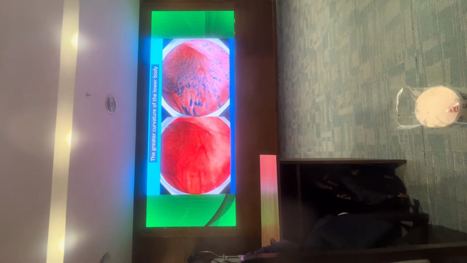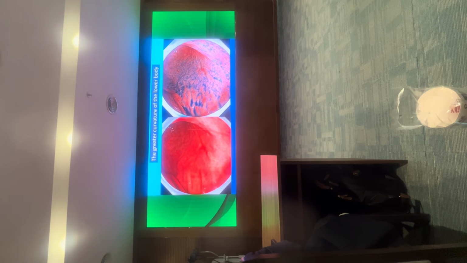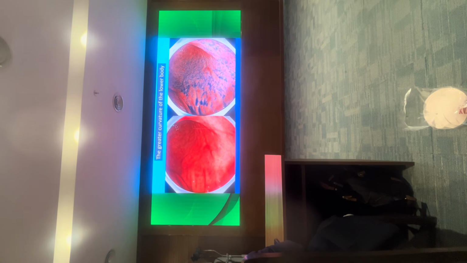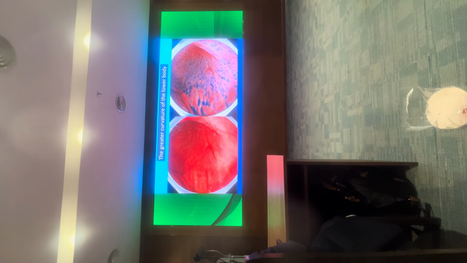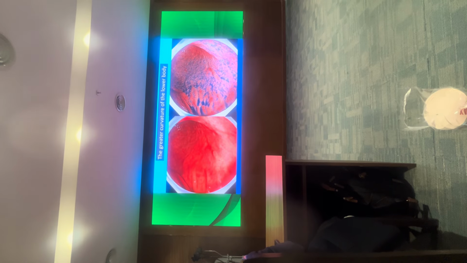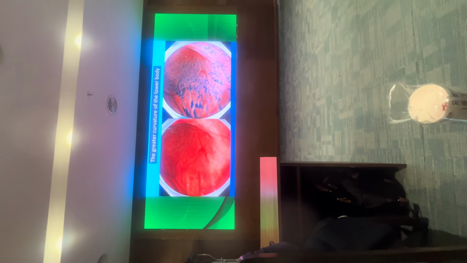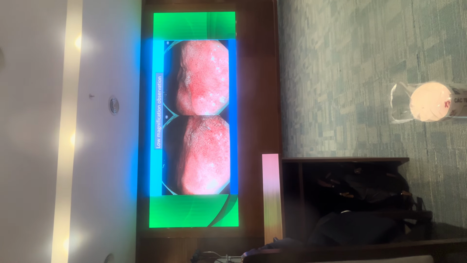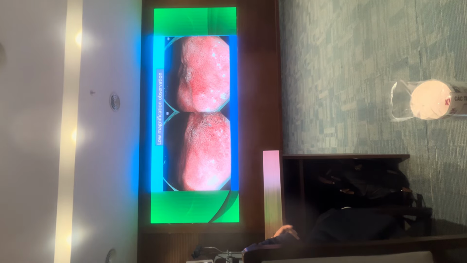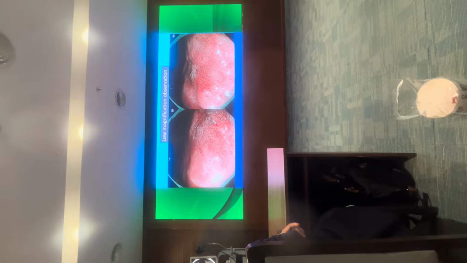The other case is in the greater curvature of the lower gastric body, and there is a slight reddish region on white light image or chromoendoscopy, but the extent of this region is not clear. And when we observe at low magnification level, the tumor margin is still unclear.